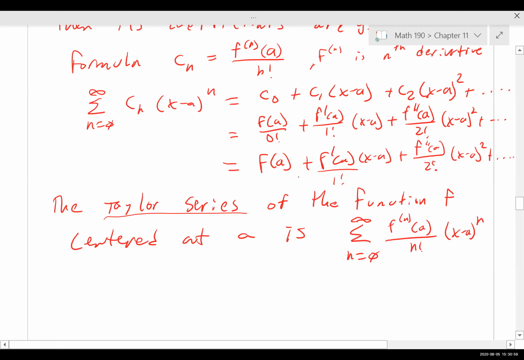And what did we just see? We saw that that equals the thing right above it.